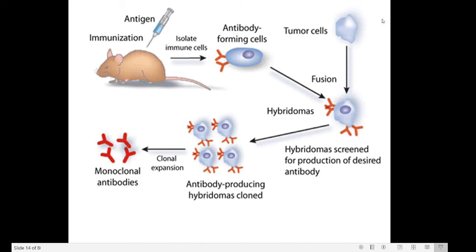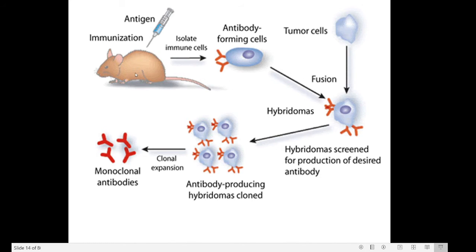The hybridoma cell is an empty cell without nucleus that can be grown in multiple counts. This is a very important step in monoclonal antibody production.